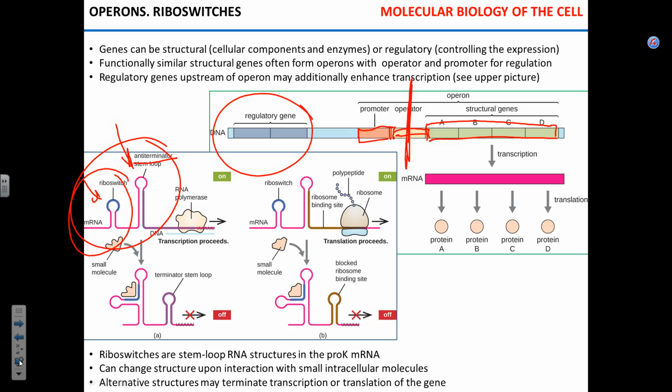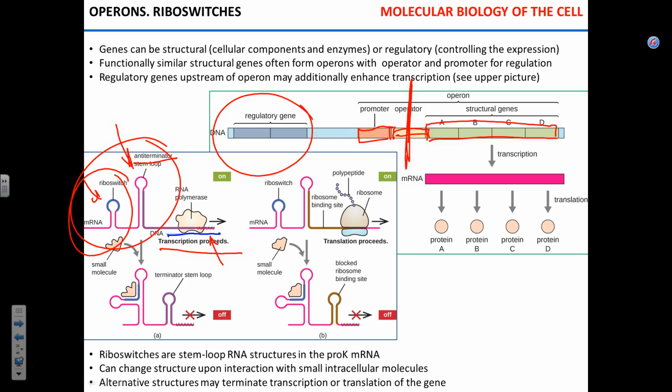That anti-terminator sequence allows transcription to continue. As long as the anti-terminator is present, RNA polymerase will go on and transcribe DNA. You see DNA here? The pale blue line? Does that make sense?